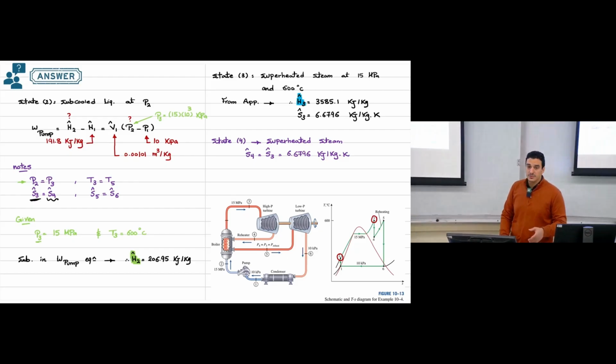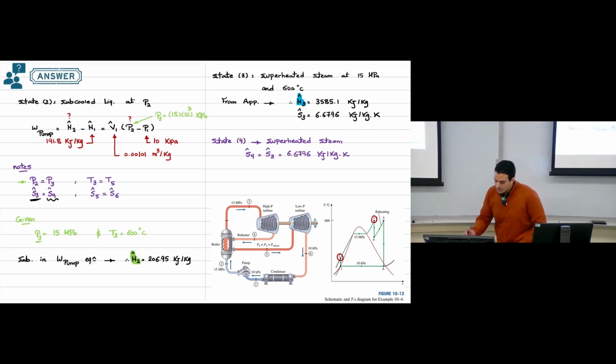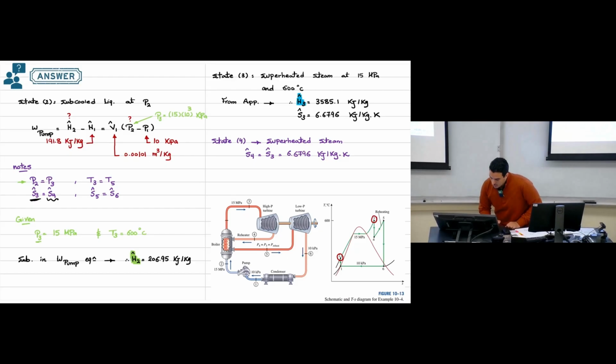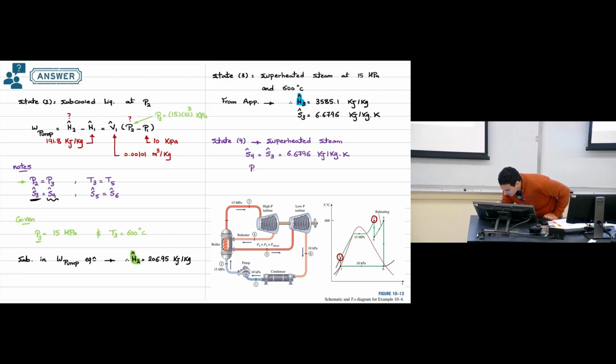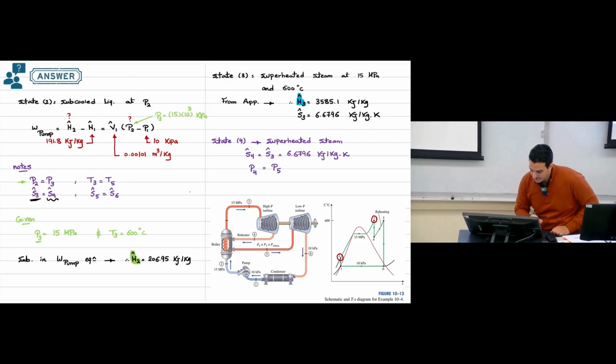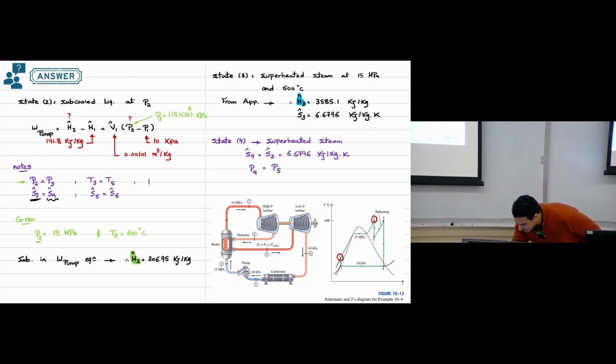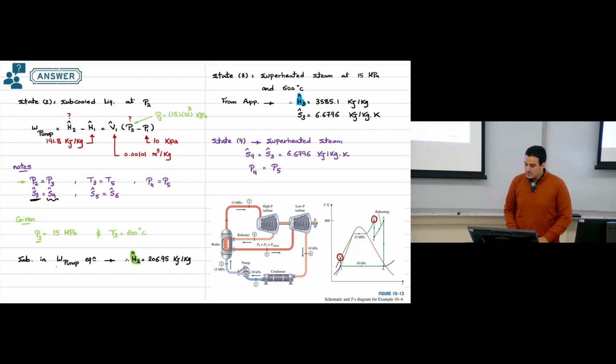I don't know what the temperature is at this point, but I know that the pressure at point number 4 equals pressure at point number 5. That's also something I can add here. This is everything I have.